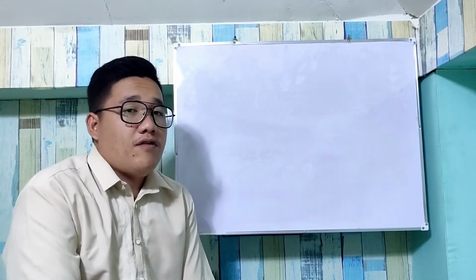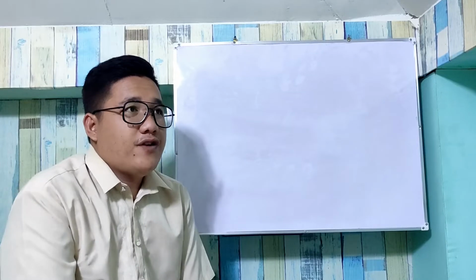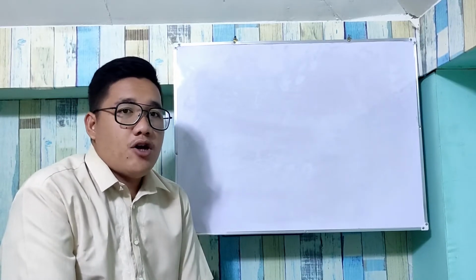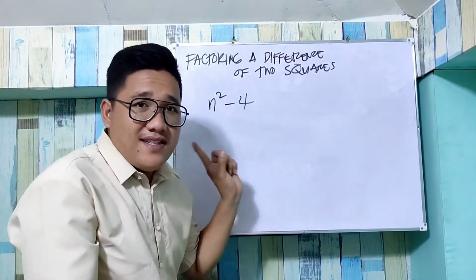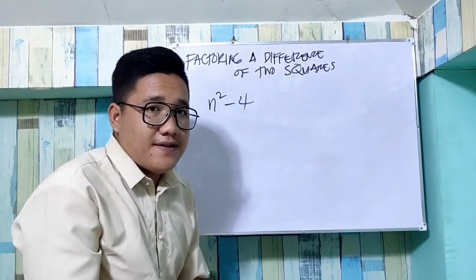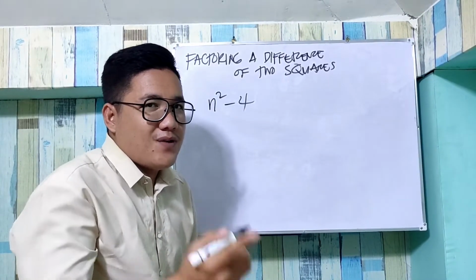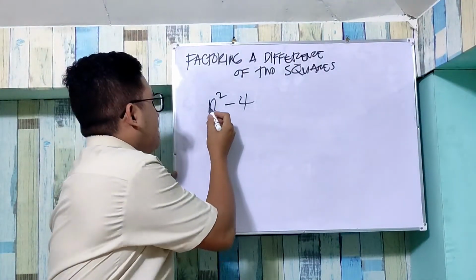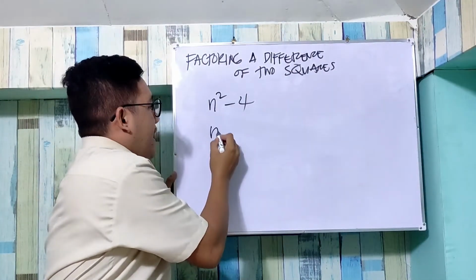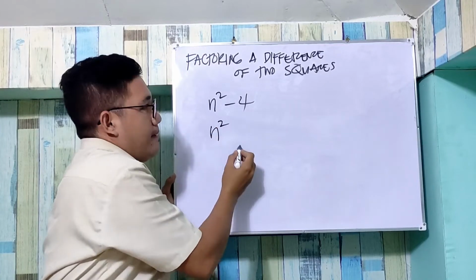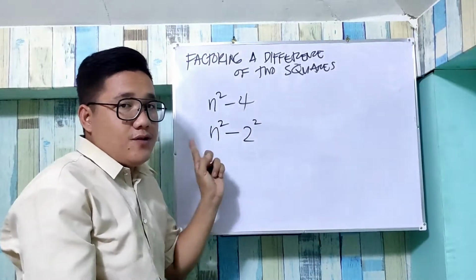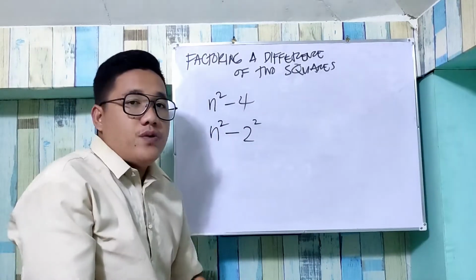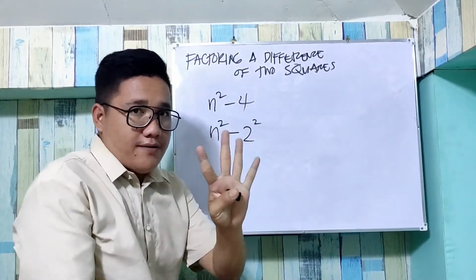Before we proceed to solving or factoring, let us first identify if a binomial is a difference of two squares. Is this a difference of two squares? So yes. Why? Because n squared minus 2 raised to 2. N raised to 2 is n squared, then 2 raised to 2 is 4.